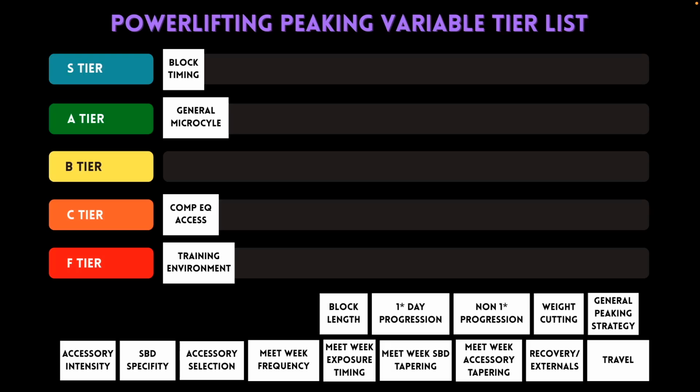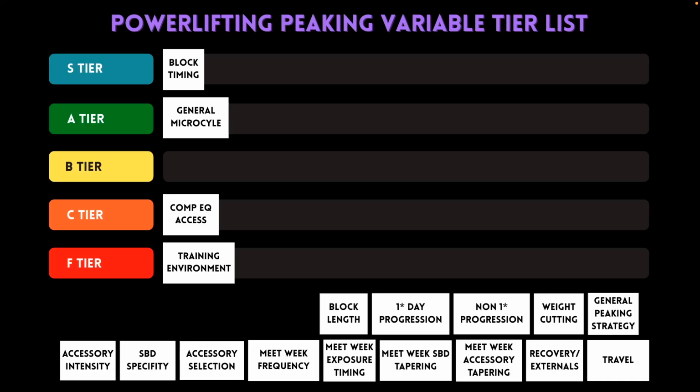Yeah, I agree. They're definitely very closely related subjects, but I think the one unique aspect I'll bring up is going into that final block of the prep. Depending on what sort of peaking strategy you're using, you may have to change block length from what you typically do, especially if it's your first time peaking somebody into a meet.